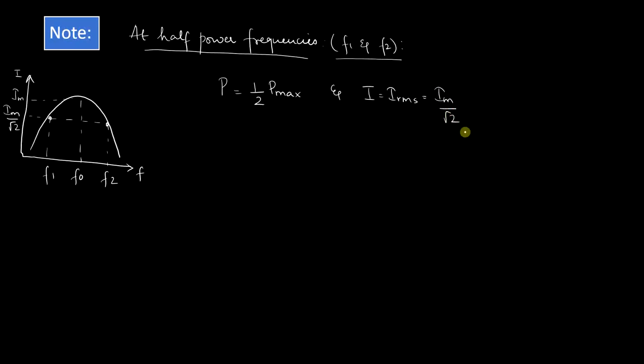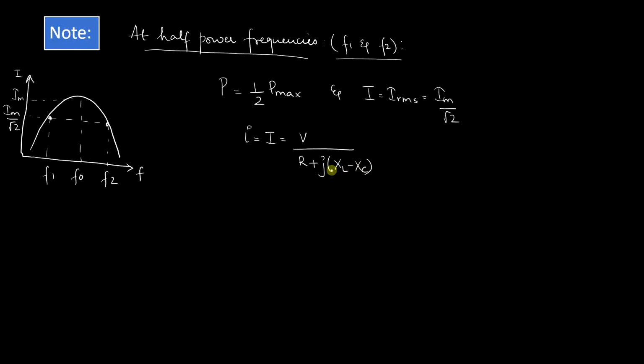Now how did we get this term Im by root 2? If you look at the expression for current in the series RLC circuit, we had obtained I equal to V divided by R plus j(XL minus XC).